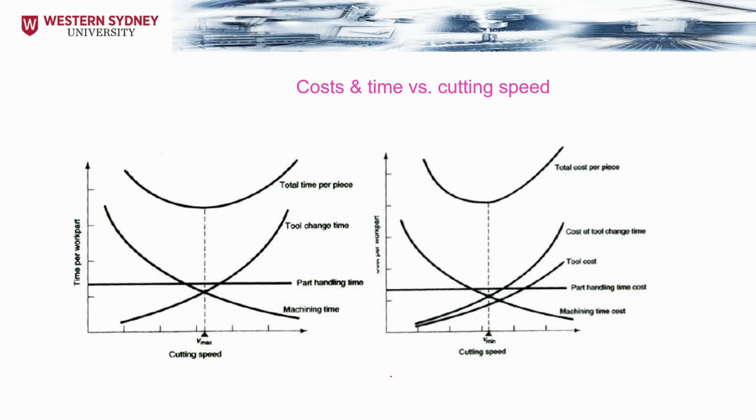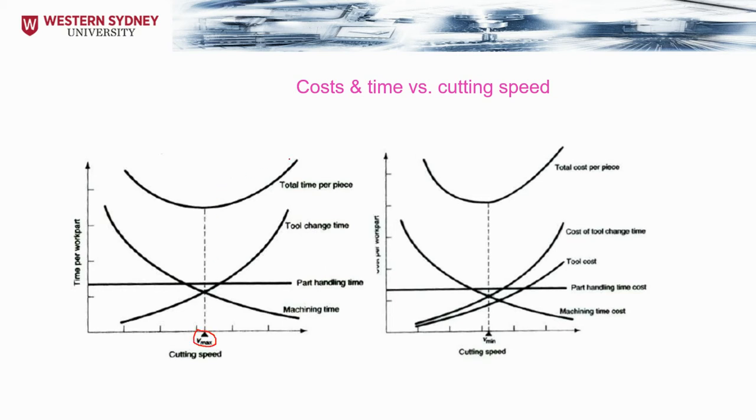The two different cutting speed variations with the time per work part. Usually the total time per piece is going to reduce as we increase the velocity, but then it's going to start to increase. Now, why does it start to increase after the maximum velocity has been approached?